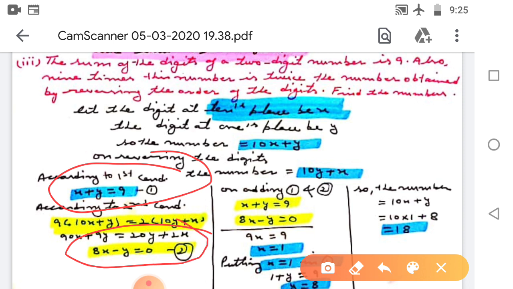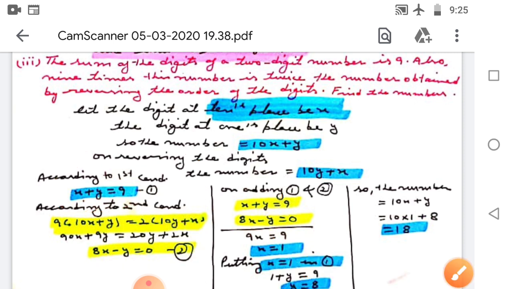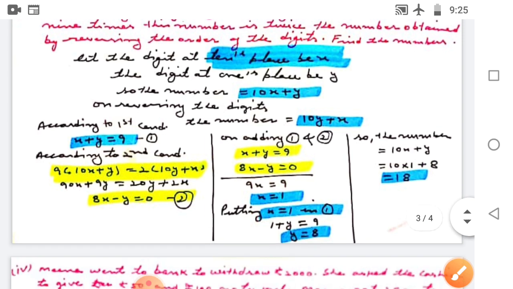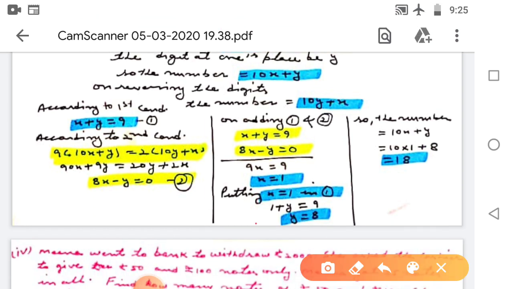On adding equations 1 and 2, plus y and minus y is 0, 9x is equal to 9, so the value of x is 1. On putting the value of x in equation 1, we get the value of y as 8.